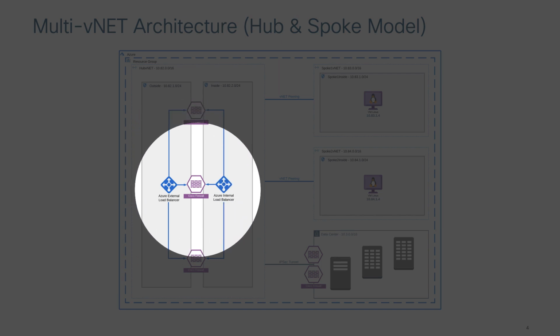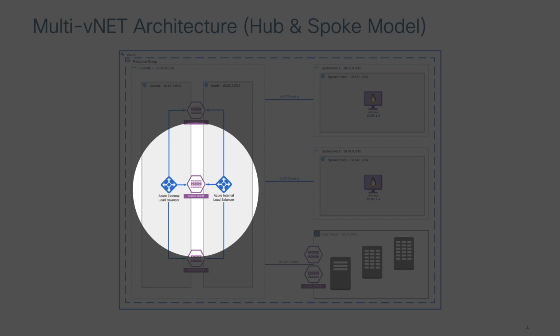You can see that I have an external load balancer and an internal load balancer, but these load balancers are not playing any role in VPN. These load balancers are basically used for inbound and outbound traffic. In the upcoming slides, I will talk about why these load balancers are there.